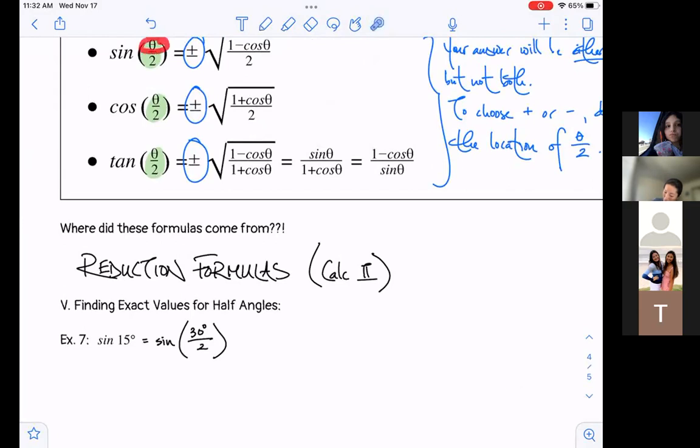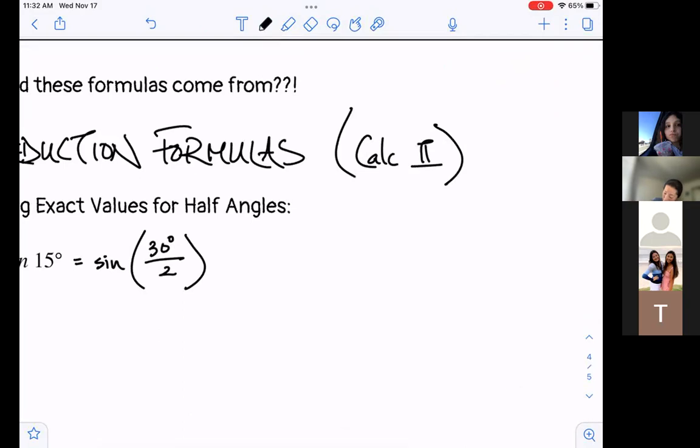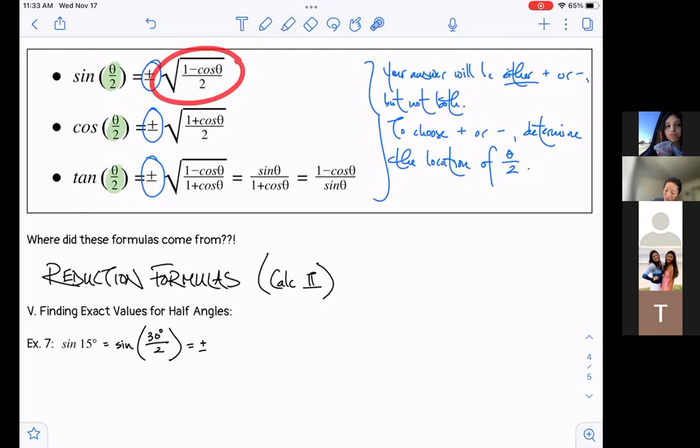So theta is the one that you use in all of these formulas. All right, so we have this. We're going to put a plus or minus in front because we're going to choose at the end. Let's write down that formula for the sine half angle. Plus minus the square root of 1 minus cosine theta over 2.